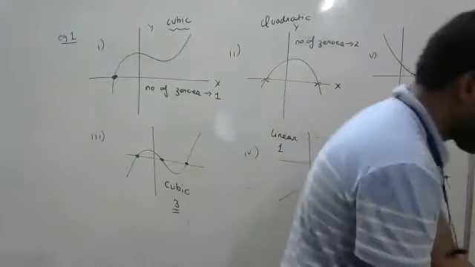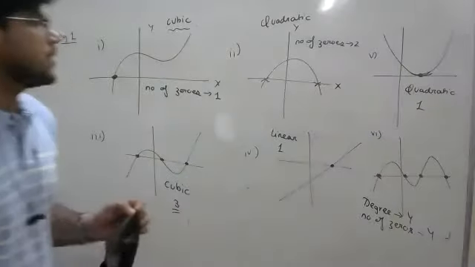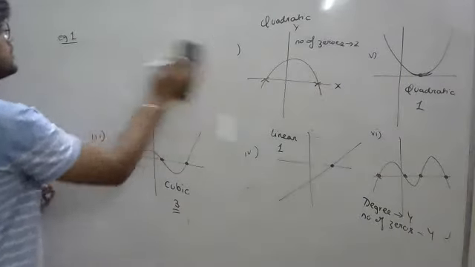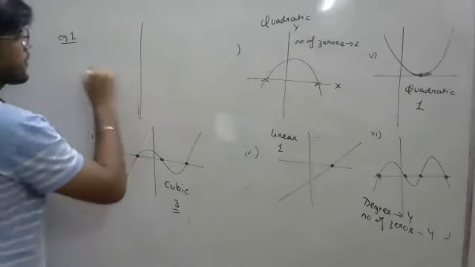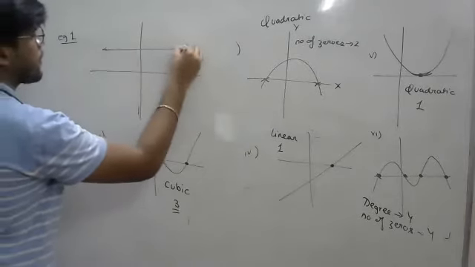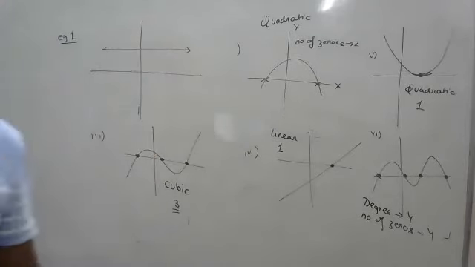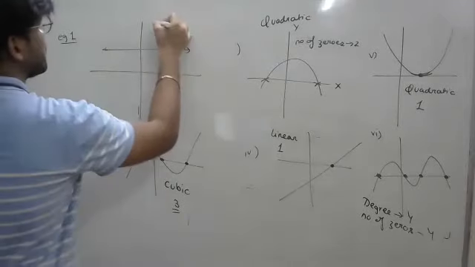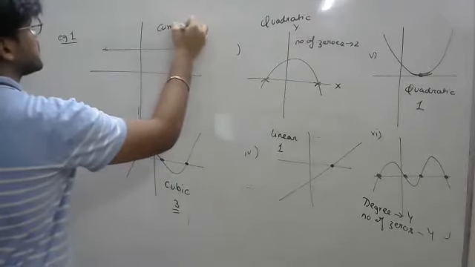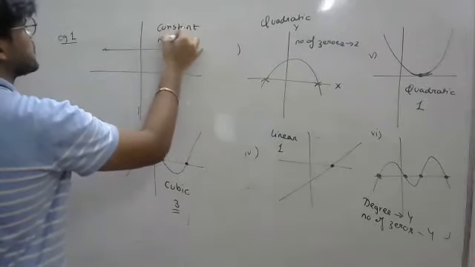What if we are having a graph like this? What type of polynomial is this? Constant. Yes, excellent. And the number of zeros equals 0.